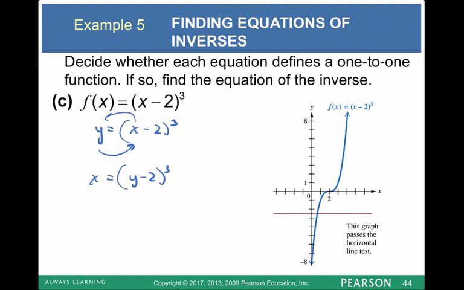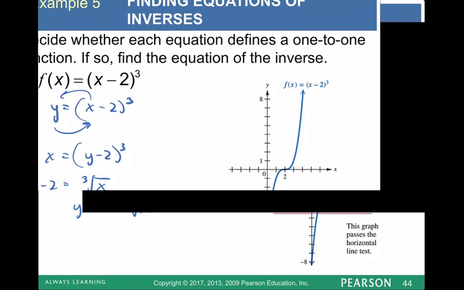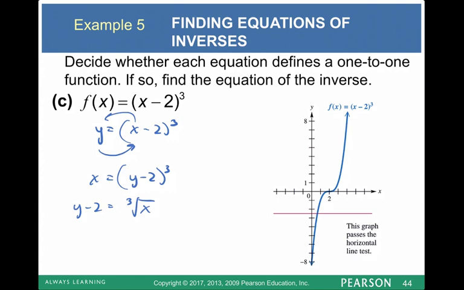So then y minus 2 equals the cube root of x, right? Because it's an odd index, we don't need the plus or minus. We only need the plus or minus when we're doing an even root. And if we add 2, then y equals the cube root of x plus 2. So then f inverse of x is the cube root of x plus 2.